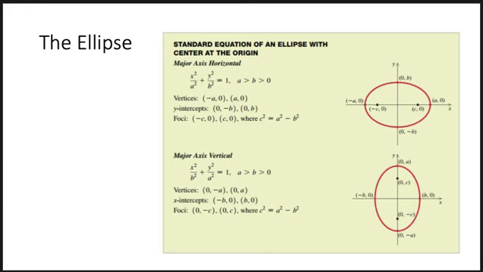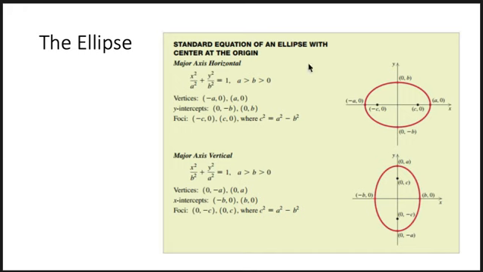Just like I did with the parabola and the circle, we're always going to start where we're not shifting it, translating it left or right. No h's and no k's. So we're saying, okay, let's make the center be the origin, and then let's learn about all of these different terms, the vertices, the foci, and etc.